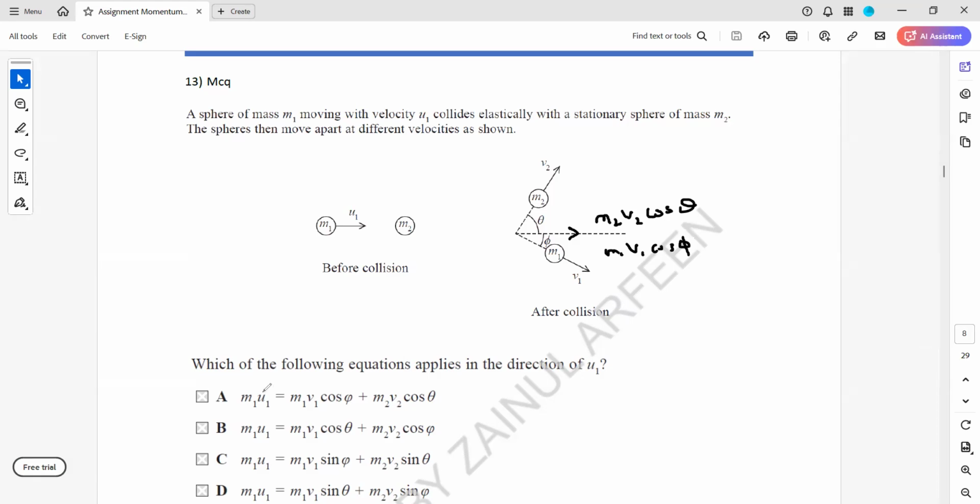So it matches with option A, because here m1 v1 is phi and m2 v2 is theta. The horizontal components all are balanced.